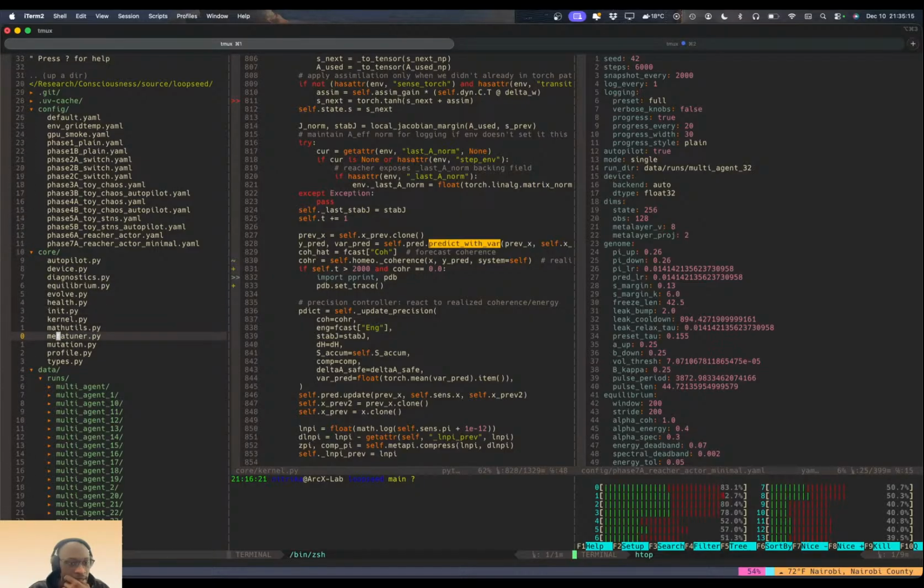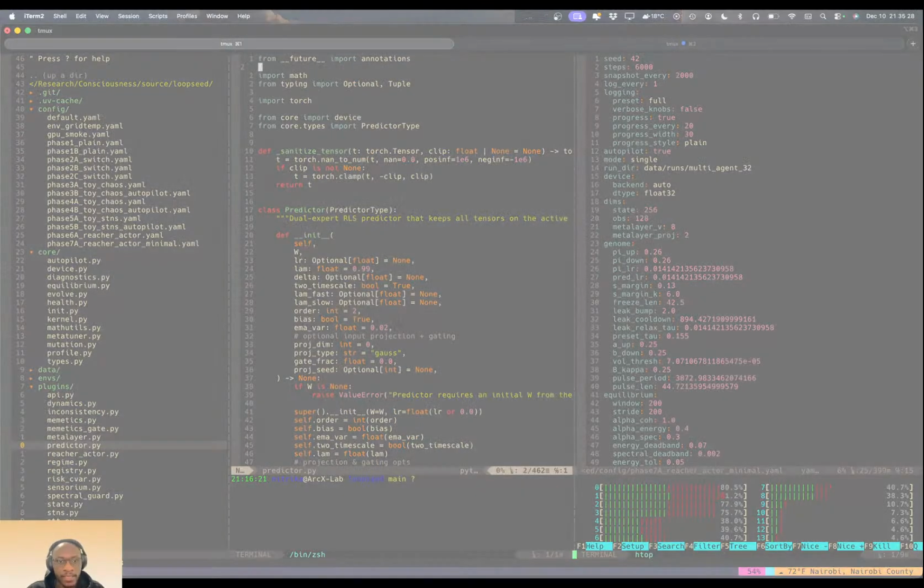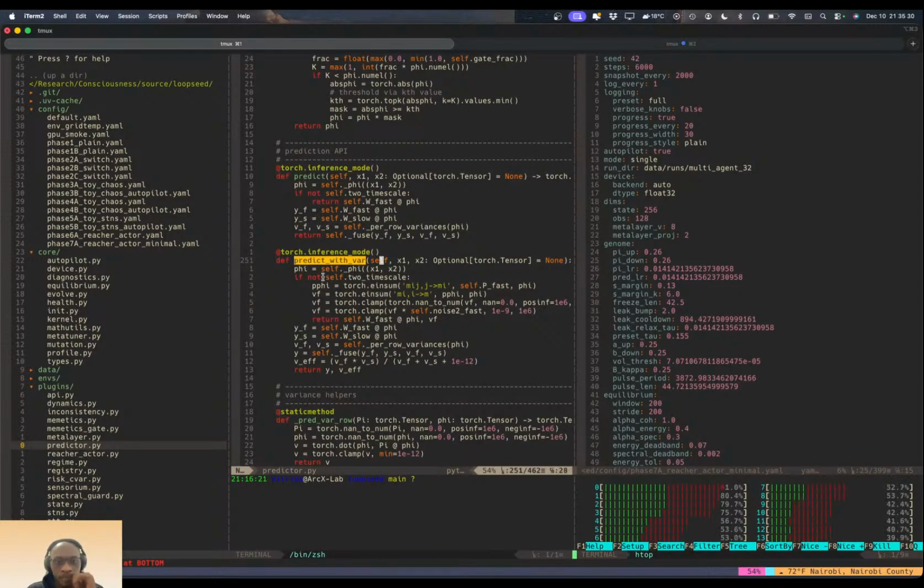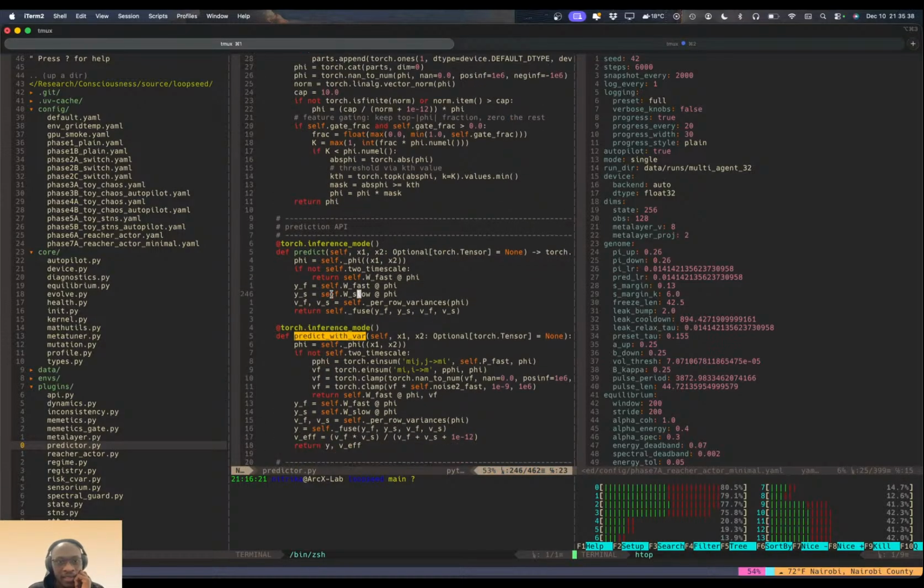Where is predictor? Okay, right here. So why does this return huge values? Now we can try using predict.